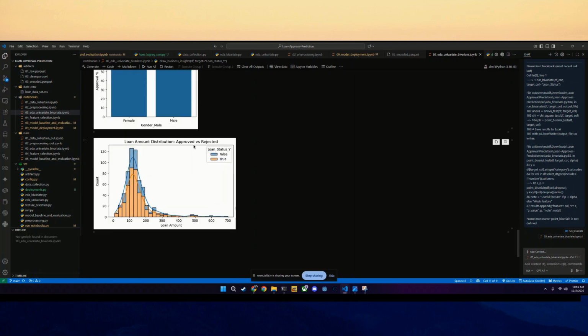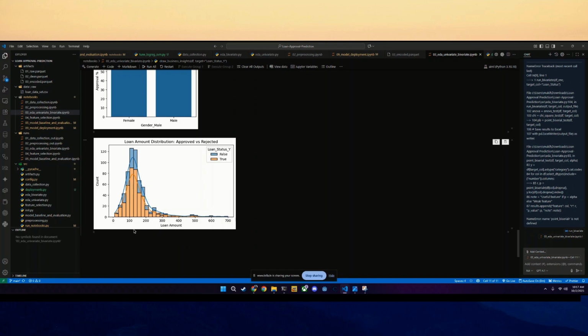Okay, and the loan amount distribution versus approved and rejected. Here you can see whoever has the lower amount, their chances for the loan approval are very high, and whoever has asked for a larger loan amount, their approval chances are slim. This is called a bell curve. Here you can see the data spread.